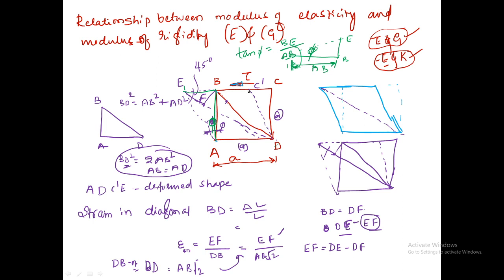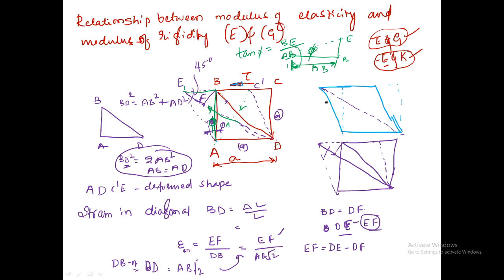Now if you consider the stresses on this diagonal, it tries to compress, and that is also going to give rise to strain. It is going to cause some tensile strain along the diagonal BD here.